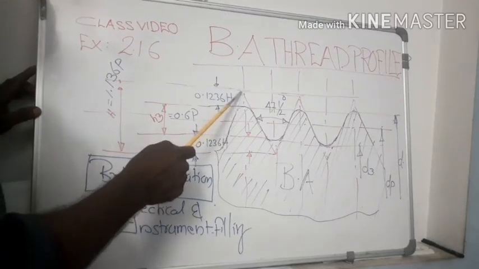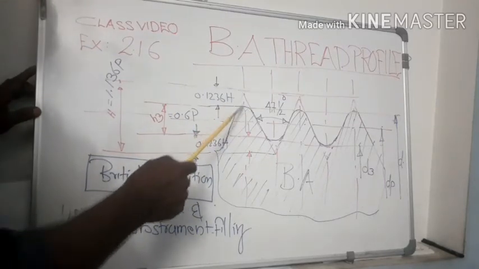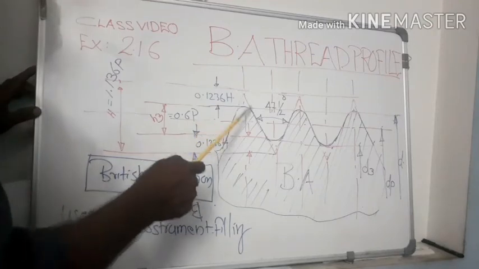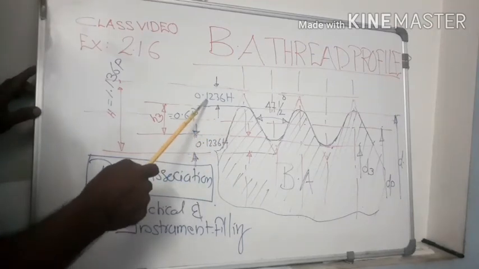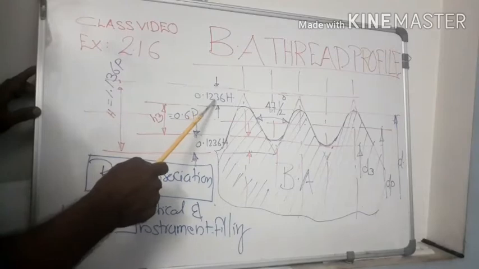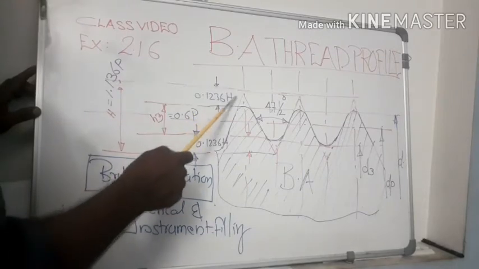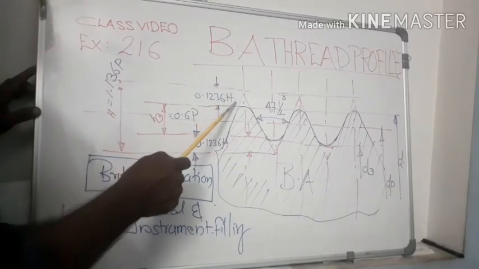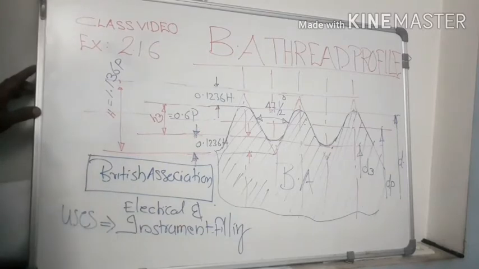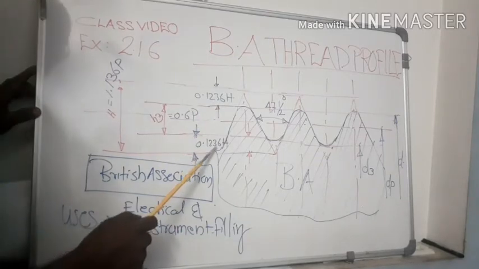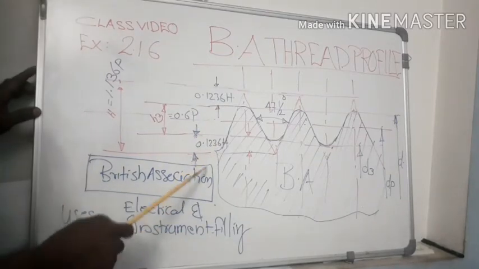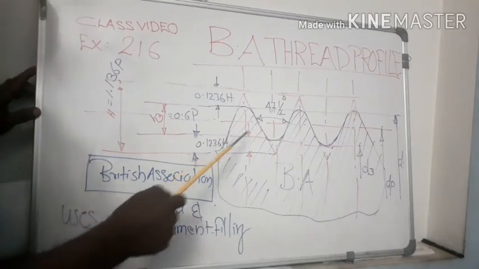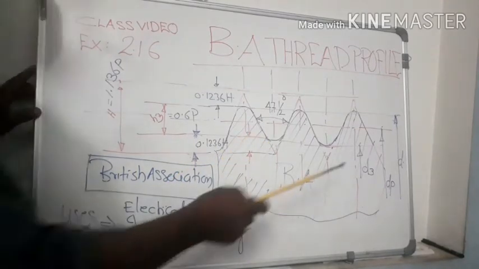And the uppermost cut-off section, the conical cut-off section, is equal to 0.1236 H. Here, H is the constant. Similarly, the bottom surface is also marked with the same value, and its angle is 47.5 degree.